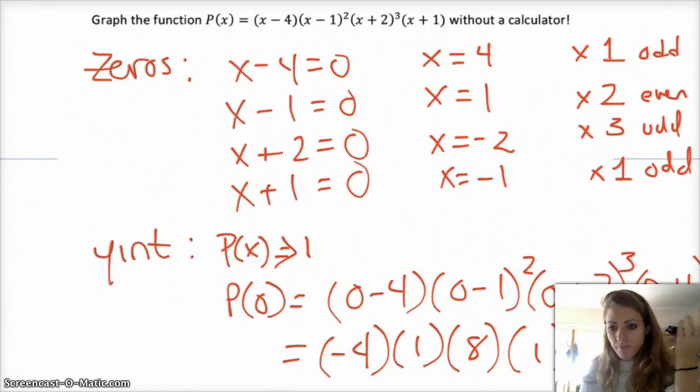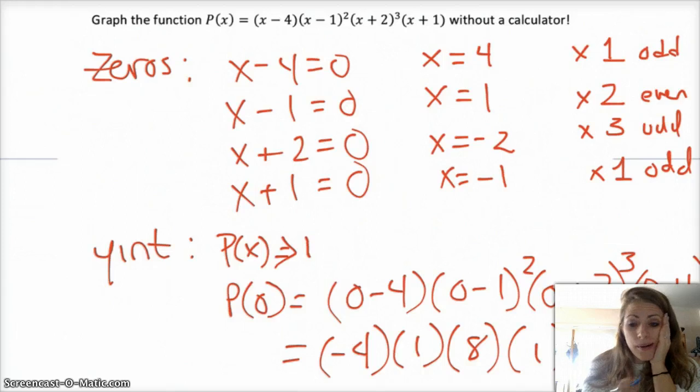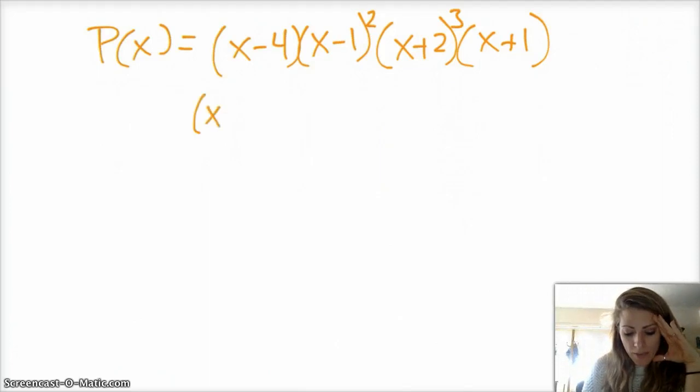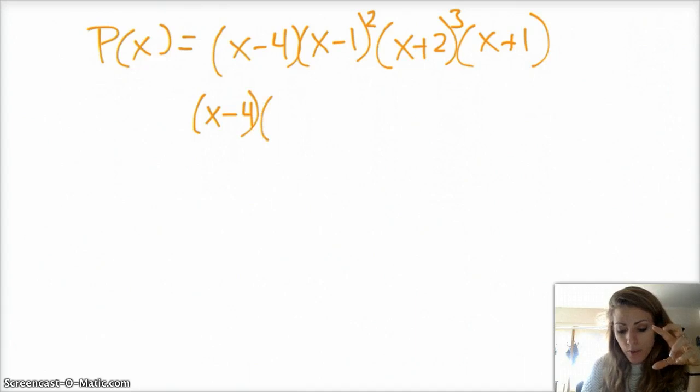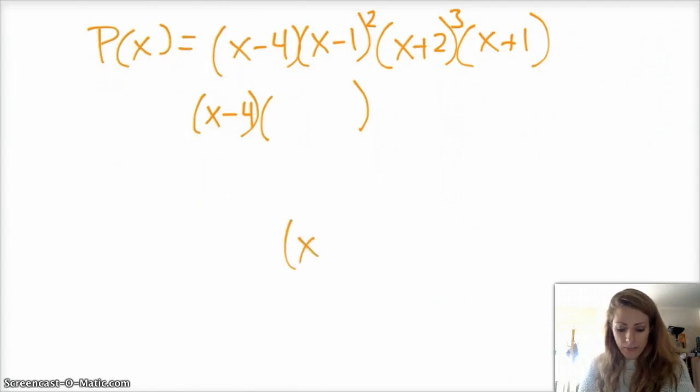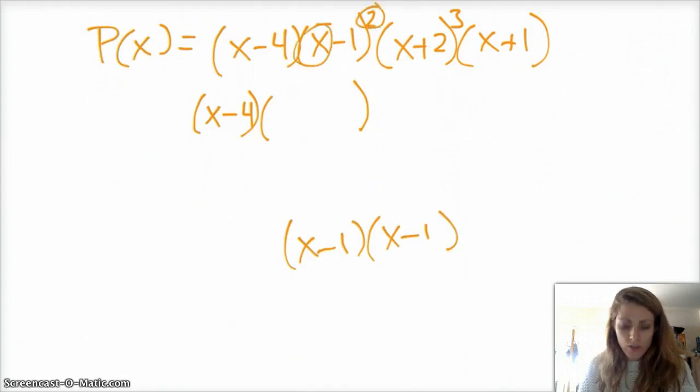But the nice thing is, if you just look at the first terms, I'm going to rewrite this again so that we have some more room. If I were to multiply this entire thing out, I'd have x minus 4 times x minus 1 squared. Now, in x minus 1 squared, the highest term is going to be x times x, because I have x minus 1 times x minus 1. So it's really just my first term squared. It doesn't really matter what's here. My first term is x squared.